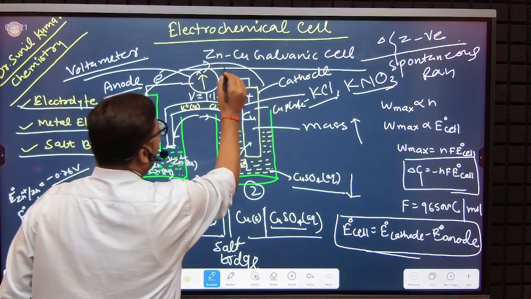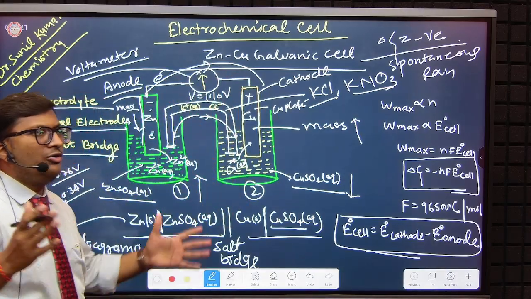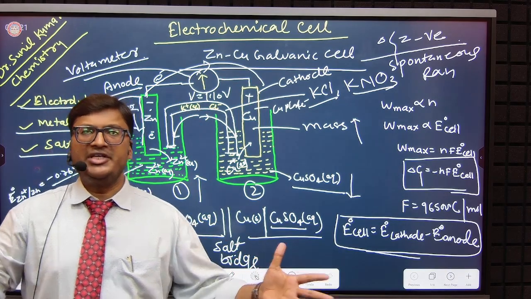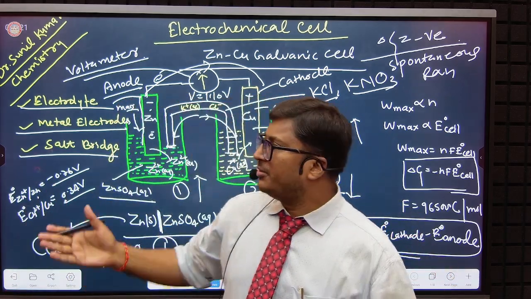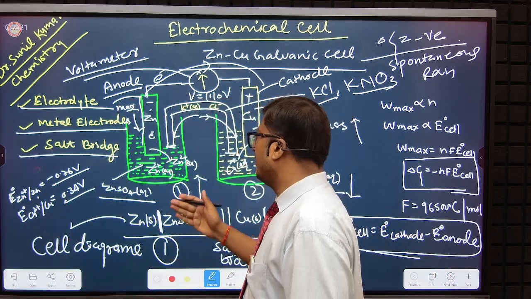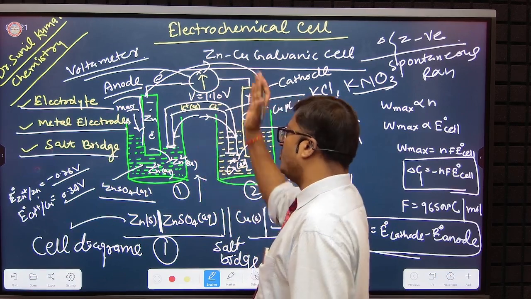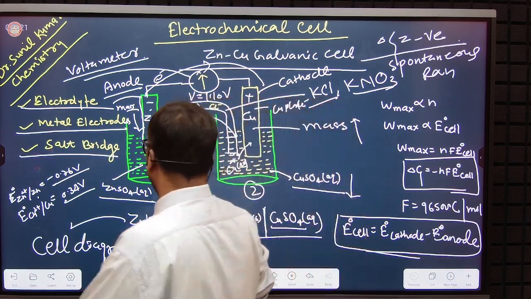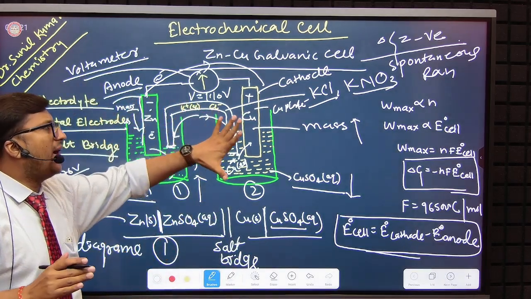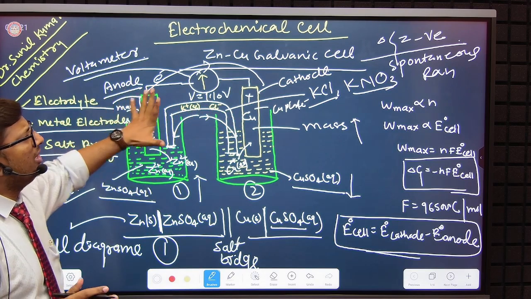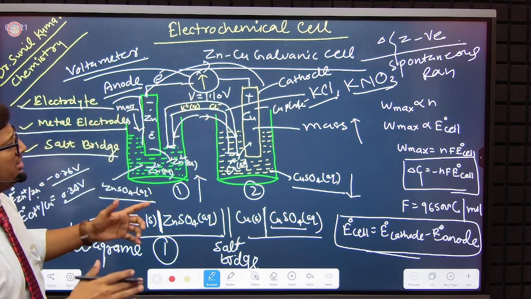So this is your outer circuit. From the outer circuit, we are measuring the electricity or potential of this particular setup. It means work goes from the system to the surroundings.